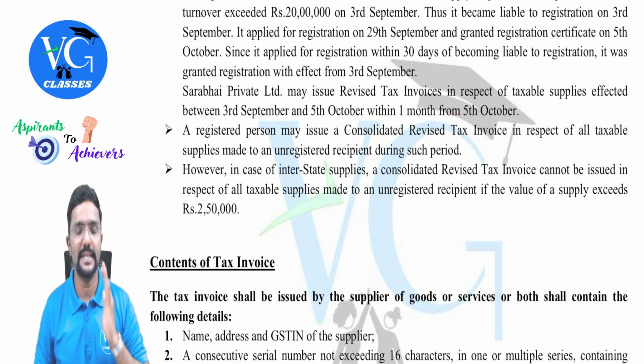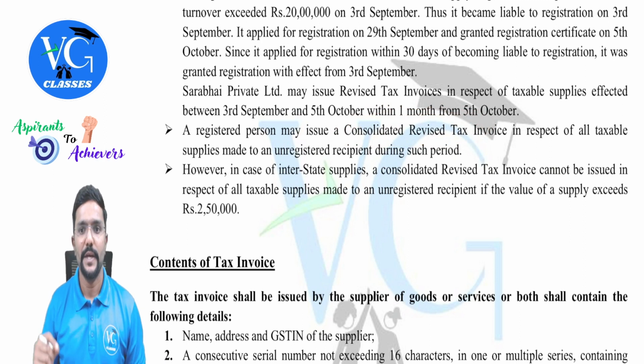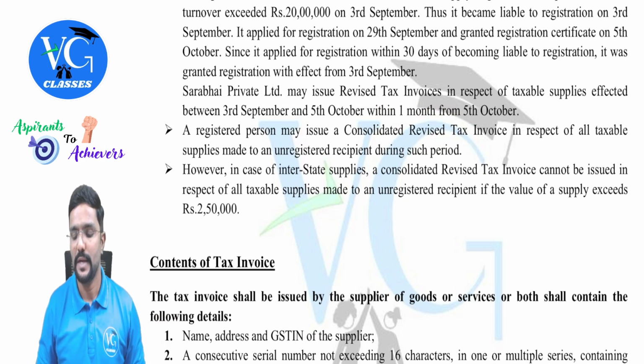And if it is interstate supply, check what is the value. If the value is less than or equal to 2,50,000, you can issue consolidated revised tax invoice. And if the value is more than 2,50,000, you cannot issue consolidated revised tax invoice.